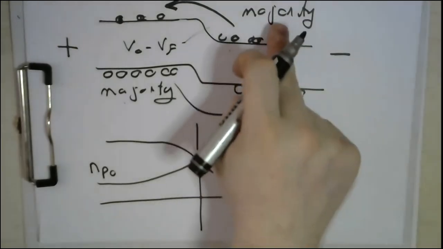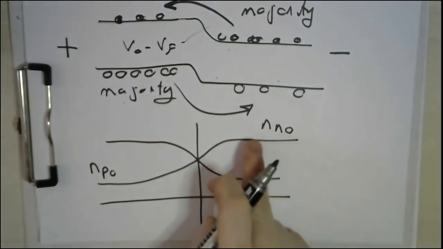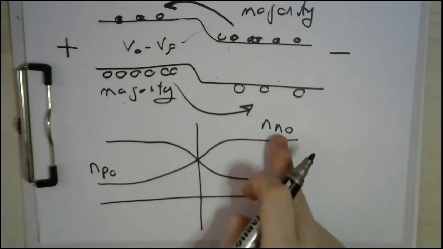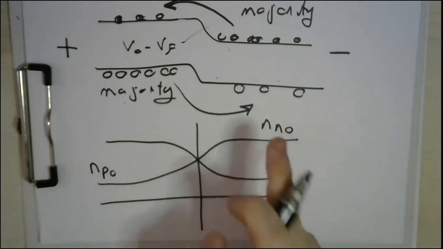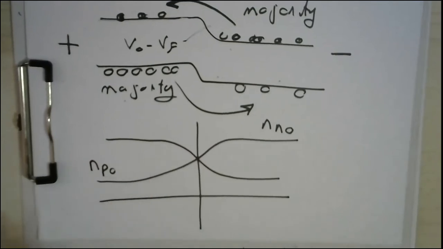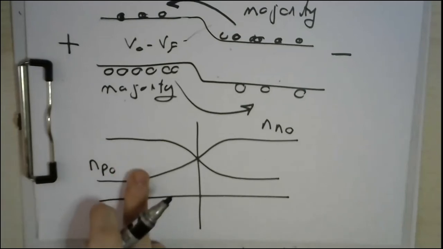So whenever we plot the carrier concentration, we will not see a significant reduction here, because this is the rich man, the majority. However, we will observe a significant increase in the minority.